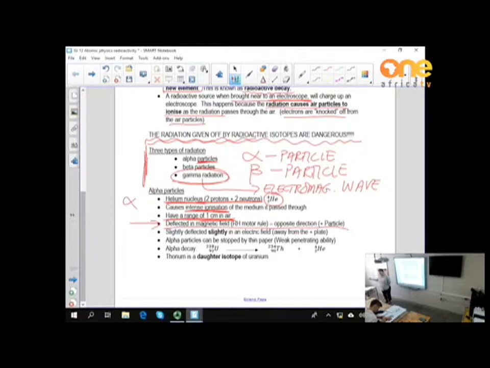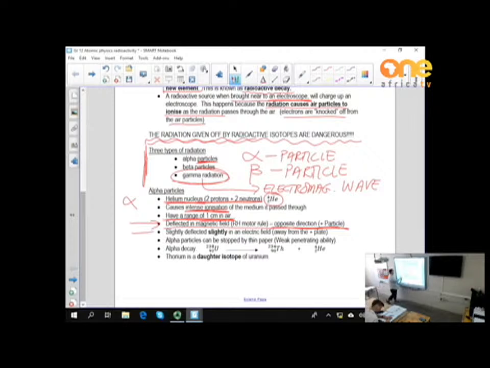You can either think of it that way, or you must use the left-hand motor rule to tell you in which direction a positive particle will go. Remember, conventional current goes from positive through the circuit to negative, so it's actually a positive particle that is moving. Do you follow me? Okay.